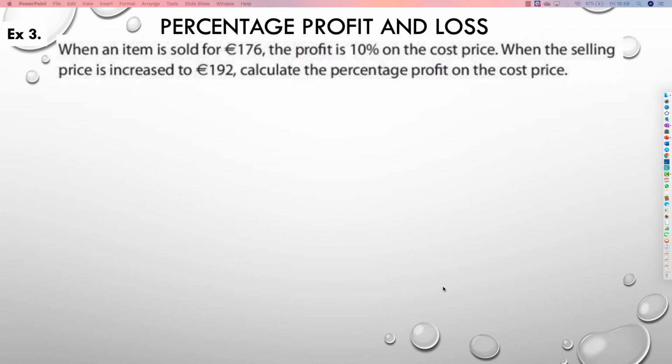What's the first thing we're going to do? Right, how are we going to find 1%? 176, you multiply, 110, because it's 10% on the cost price.